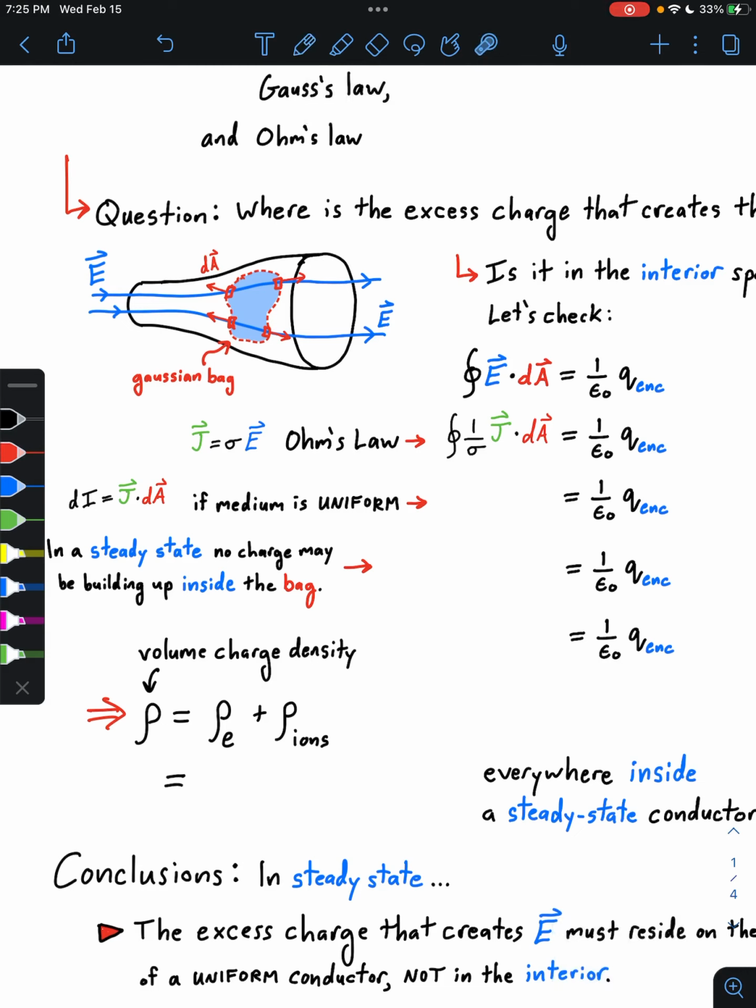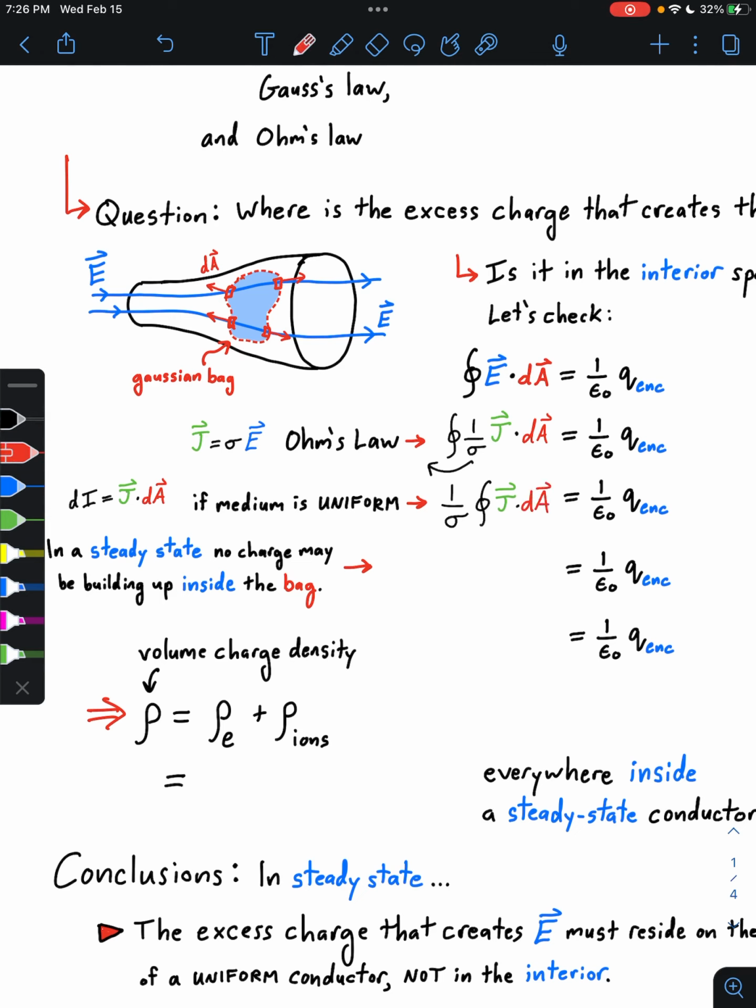So conductivity comes out. And at this point, we're looking at the closed surface integral of the current density dotted with the little surface area patches at every point on the surface of our Gaussian bag.